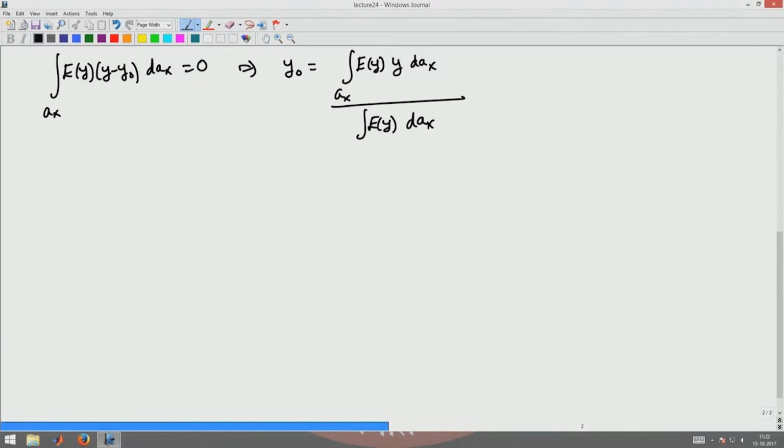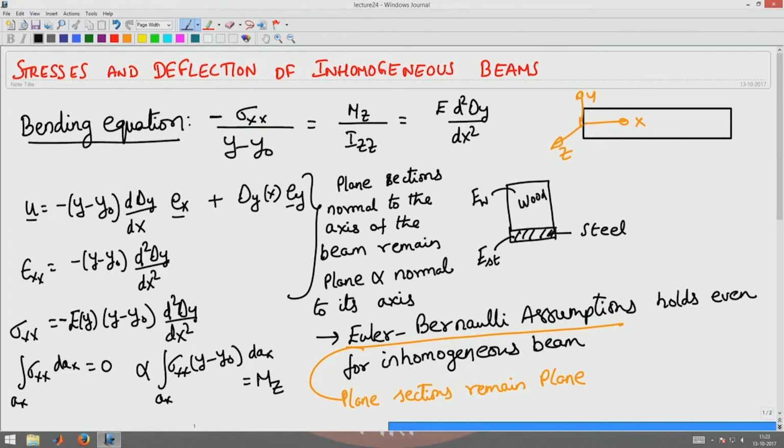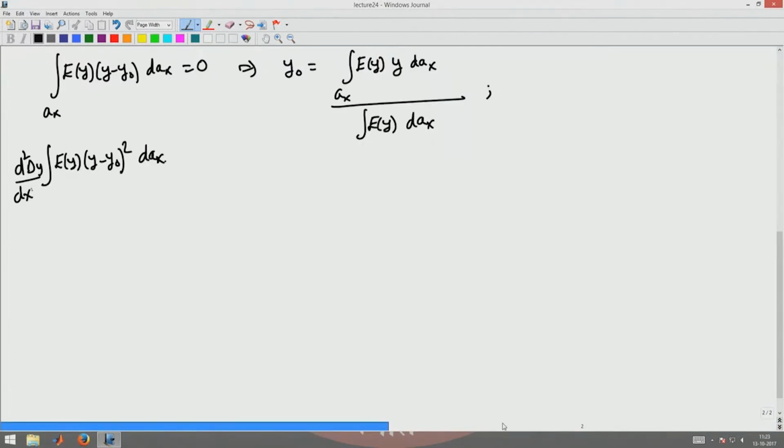Then substituting for sigma xx in the second equation, you have integral of E of y into (y minus y naught) whole square dAx into d square delta y by dx square, with the negative sign for the stress, must be equal to Mz.